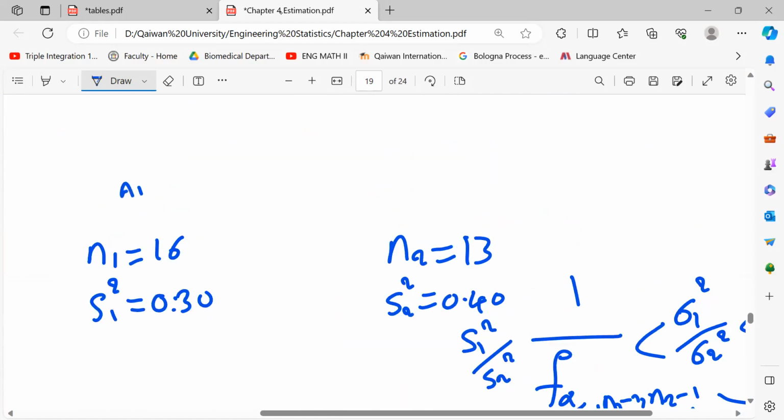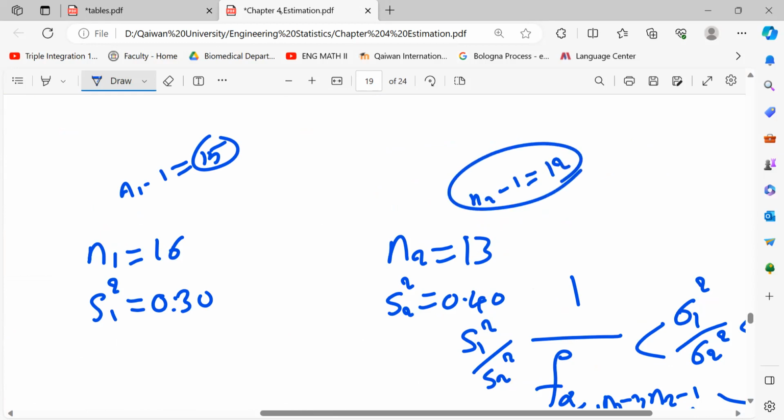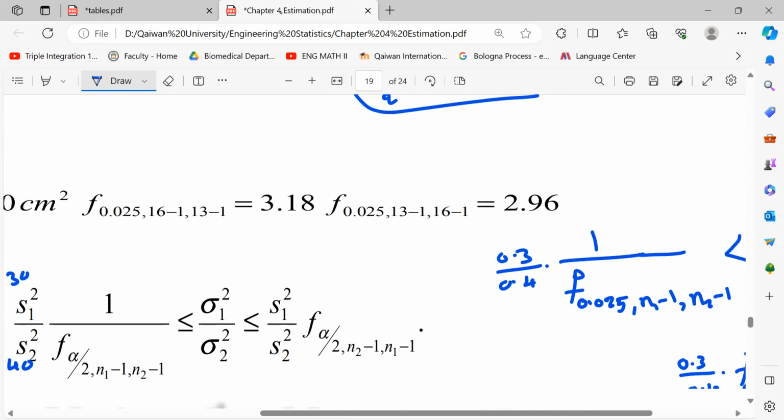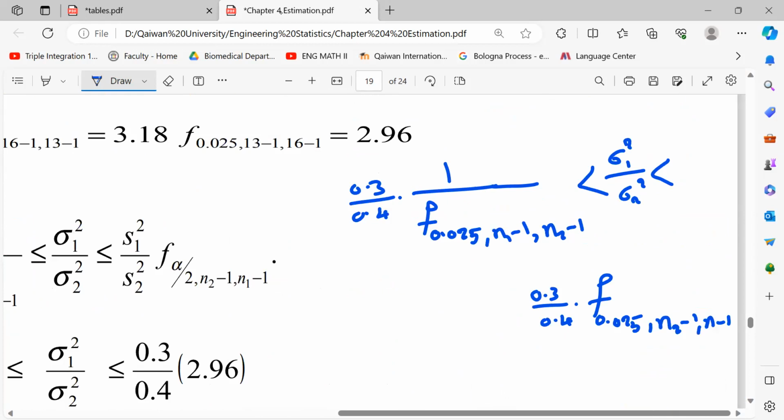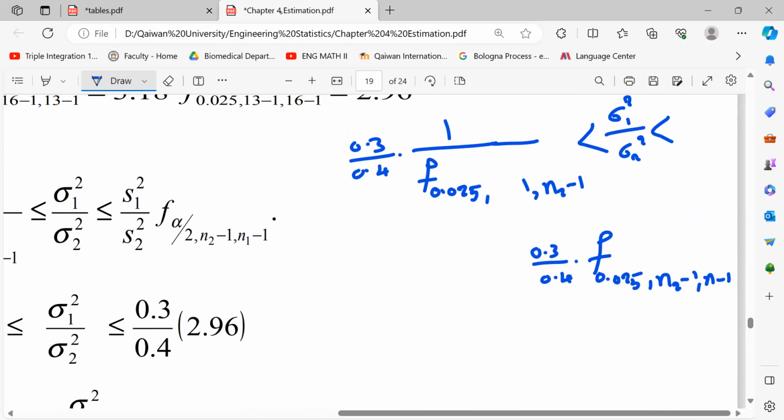N1 minus 1 is 15. N2 minus 1 is 12. N1 minus 1 here is 15 and 12. But this one is 12 and 15. Okay? Because N2 minus 1 and N1 minus 1. We have these. It's 12 and 15.